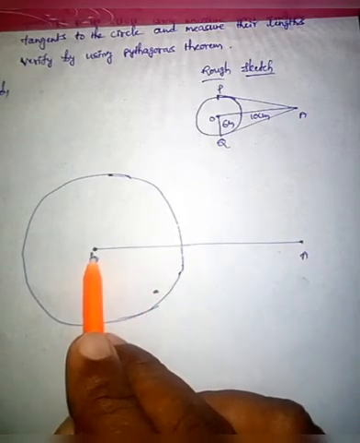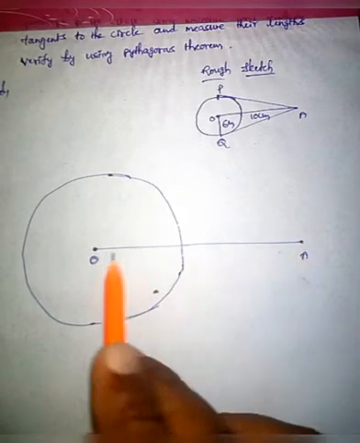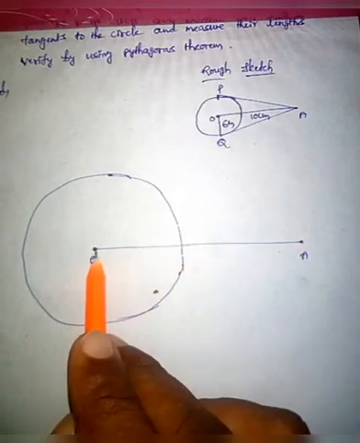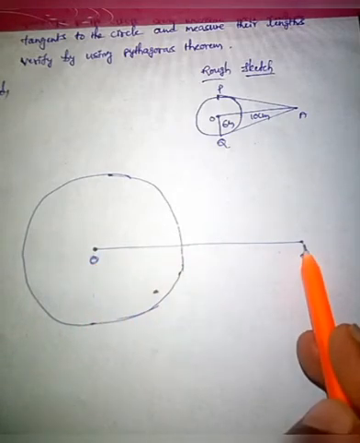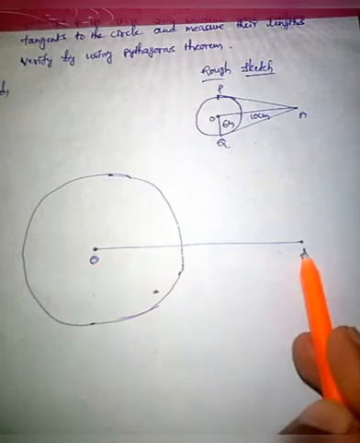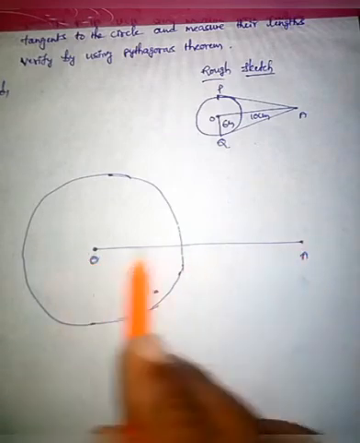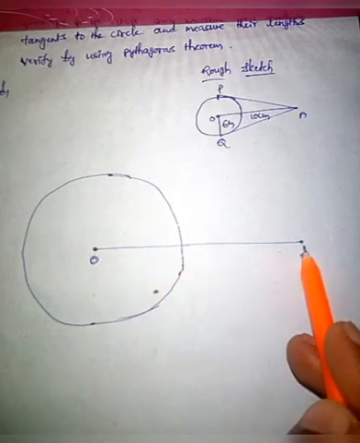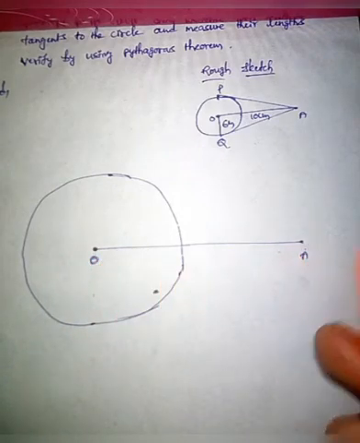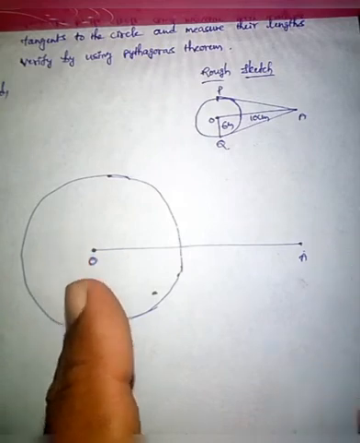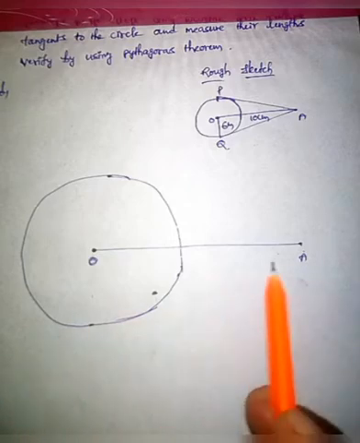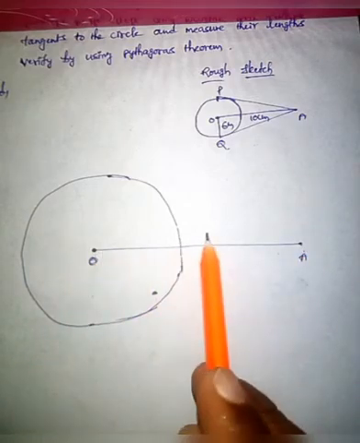We have already drawn this line just now, and the length of this line OA is 10 centimeters, because these 2 points are 10 centimeters away from each other. Select half of the measurement. What is half of the measurement? This is 10, so half is 5.